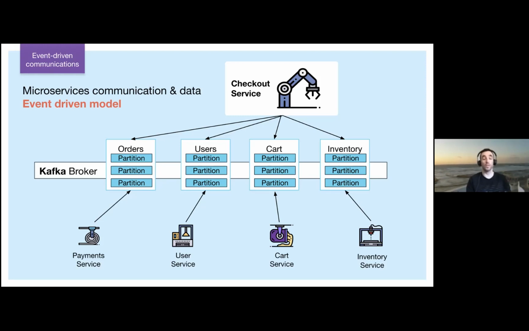it can fetch orders from and actually perform payment. And the user service is in charge of the user's topic, etc. So we can think about these topics as actual storage that the checkout service can easily access and consume messages from, or in the case of the orders topic, produce messages to.